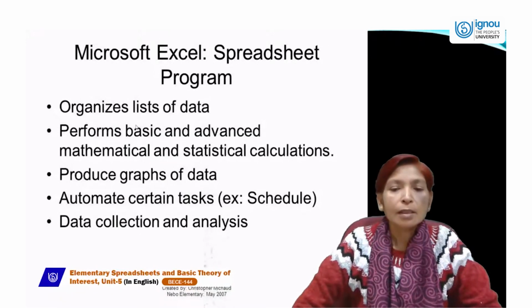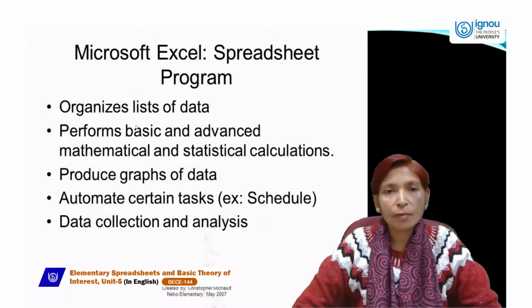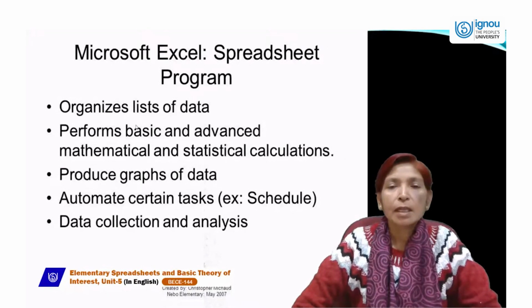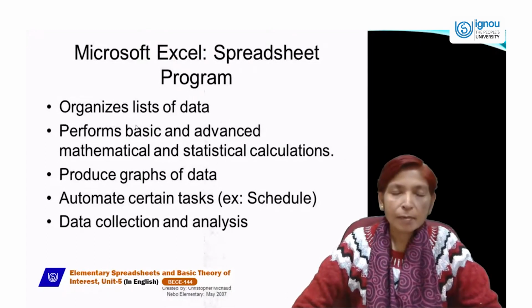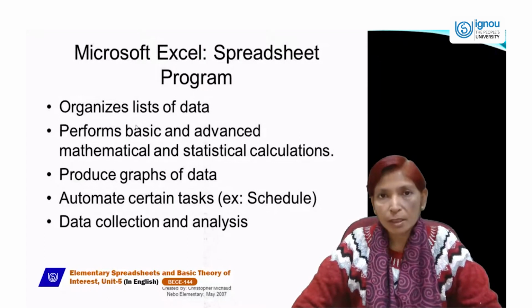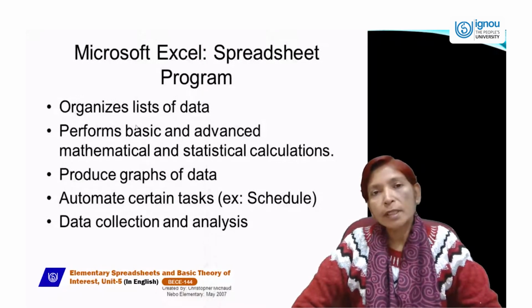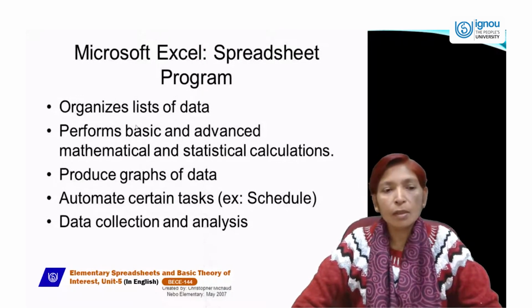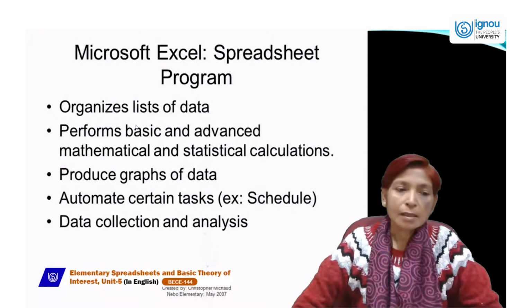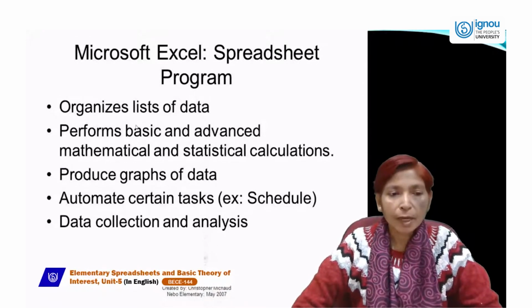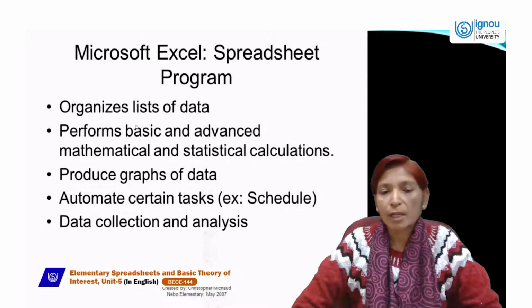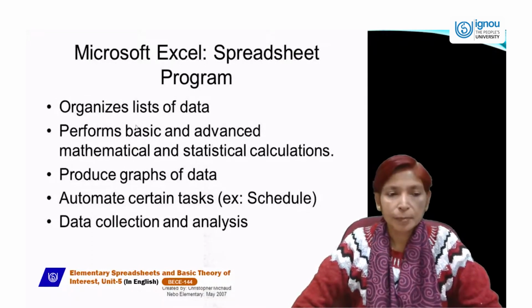In Excel, a table is given, with rows and columns. We have to put in data if we want to estimate measures of central tendency, measures of dispersion, or use any other statistical tool. In a spreadsheet program, we can also automate certain tasks like schedules.